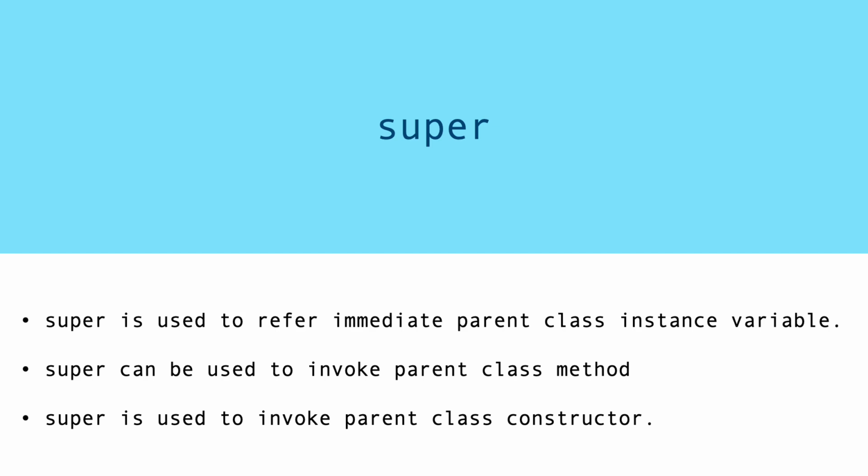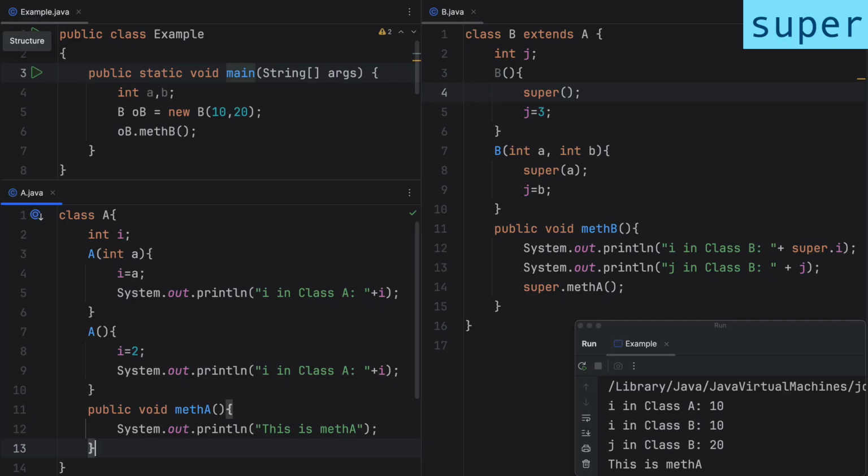So let's see an example for each of those. Here we have 3 classes: Example, class A and class B. Class B extends class A, which means class B inherits everything from class A. Class A has 2 constructors, one with an argument and one without, and class B has 2 constructors, one without an argument and one with 2 arguments.